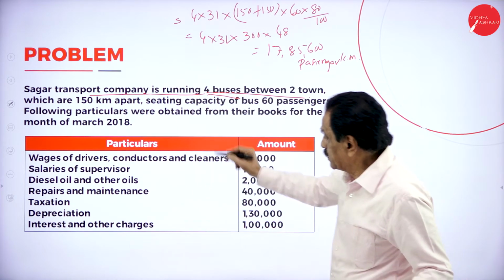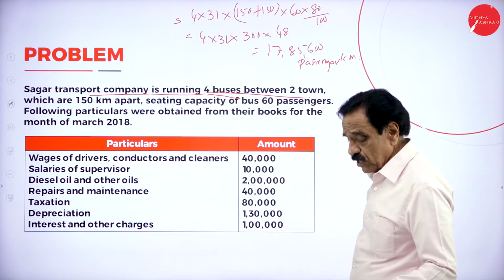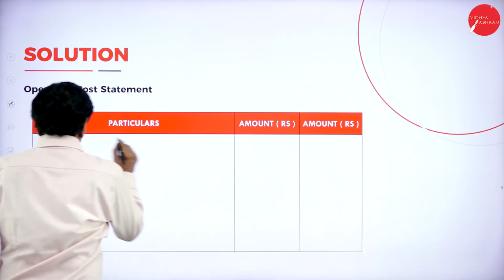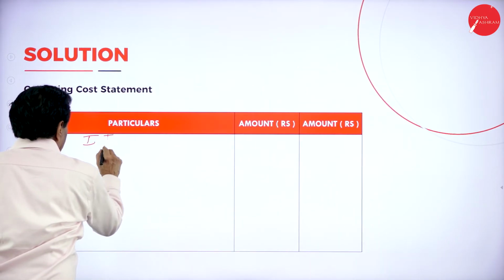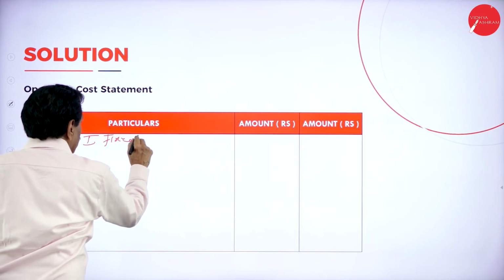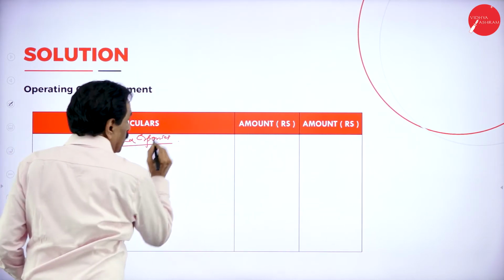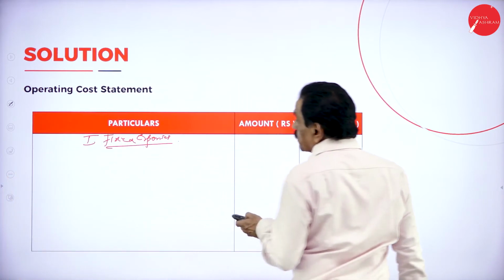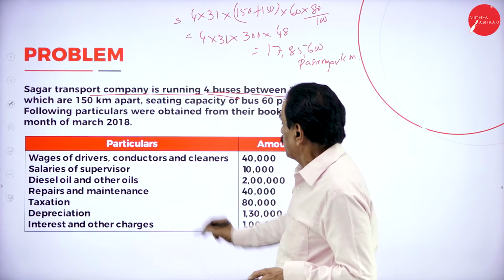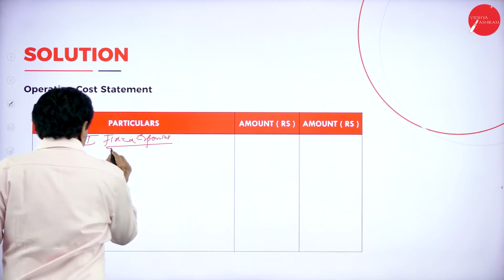So these are the wages of the conductor, cleaner. Slowly we can take. Number 1, fixed expenses.